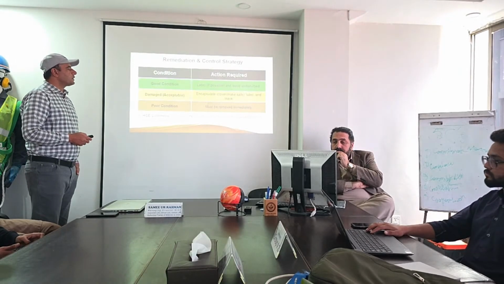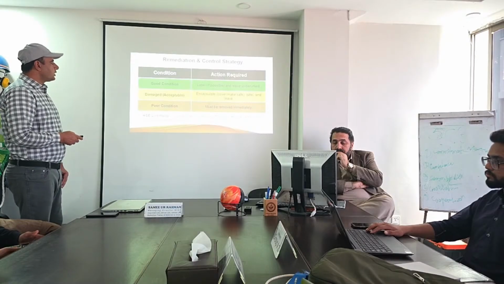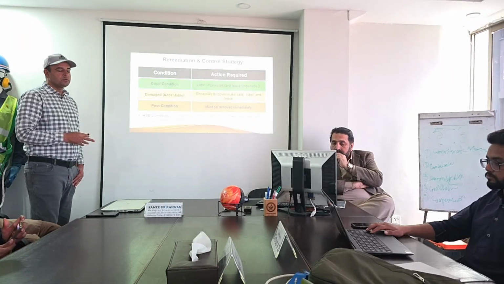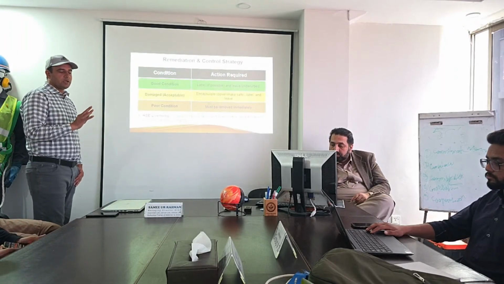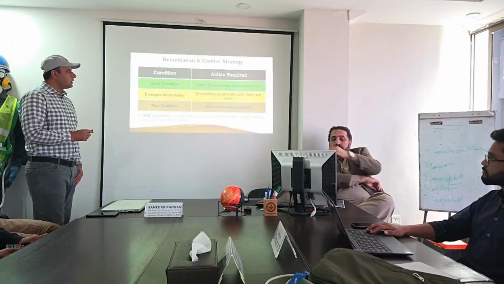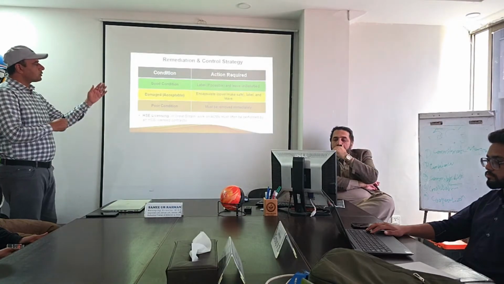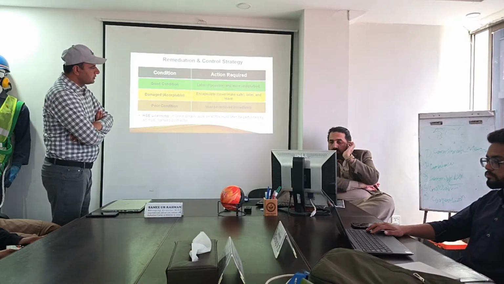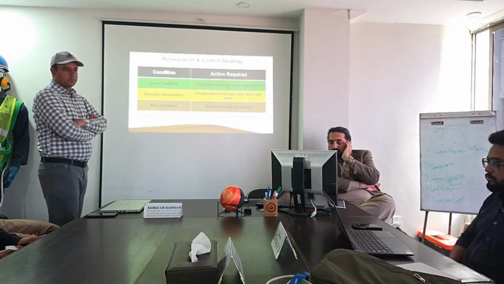Remediation and control strategy. Condition and action required. First of all, you have to check the condition of the asbestos present. If it is in good condition, you have to only label it and leave it undisturbed.